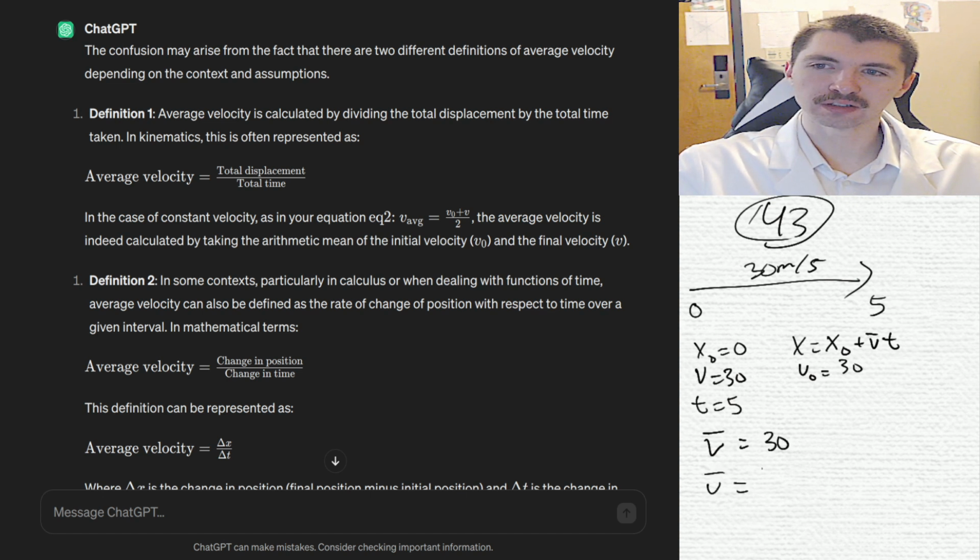Or this might be change in position, which is, I guess we don't know. He went 30 meters per second for 5 seconds.